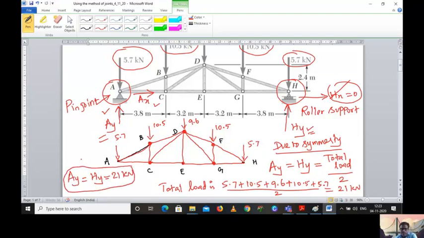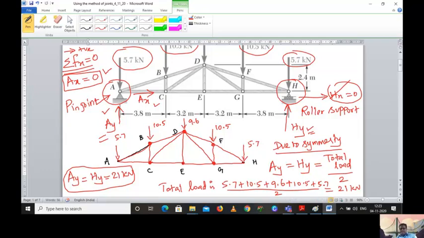After that, we know another one: summation of Fx is equal to 0, that is horizontal force. I am taking the right side as positive. There is no horizontal force, so obviously AX will be equal to 0. That is, the reaction along the horizontal direction at point A is 0.